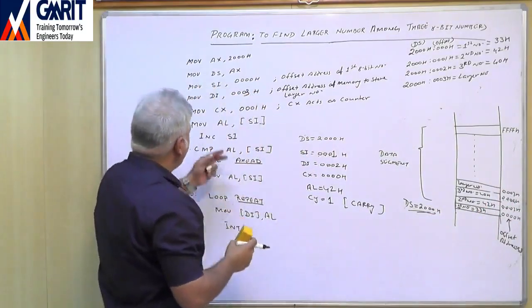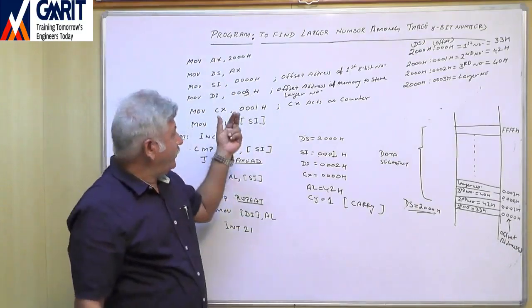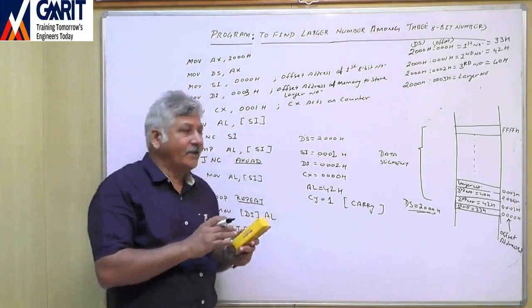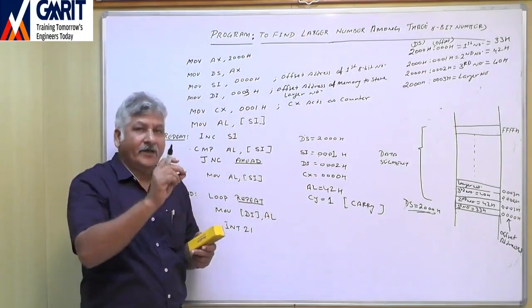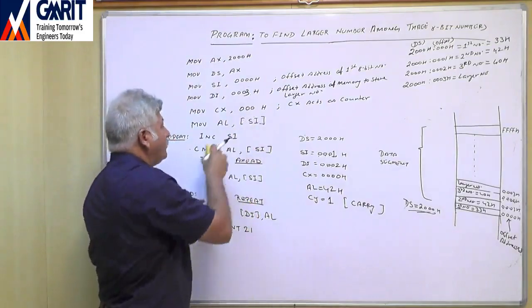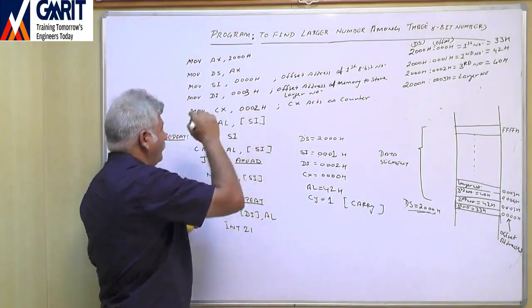This will be 0003H. Now CX. Since we are comparing three numbers, in CX we will store one less than the total numbers which we want to compare. So here we will store 0002, right?